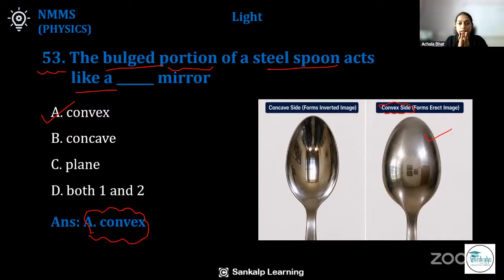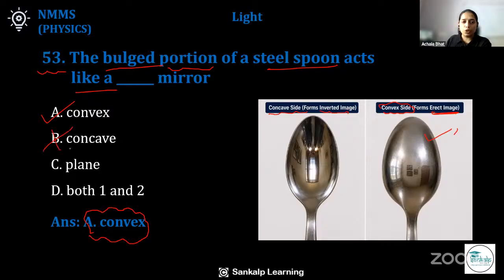This part diverges light and forms virtual and erect image, whereas the part curved inward is the concave side, which forms inverted and real image. Based on the position of the object, it forms enlarged or diminished image.